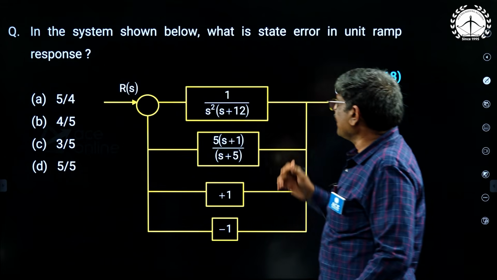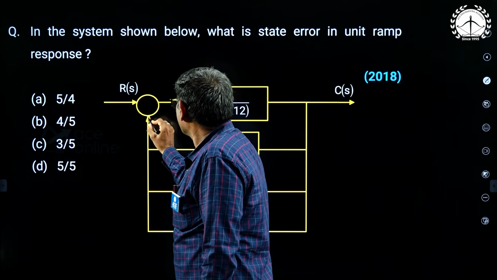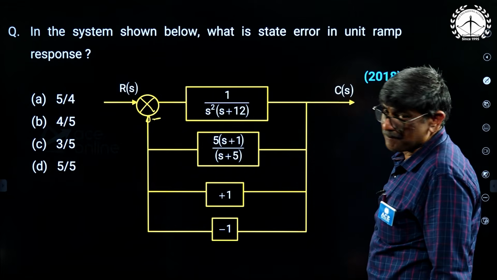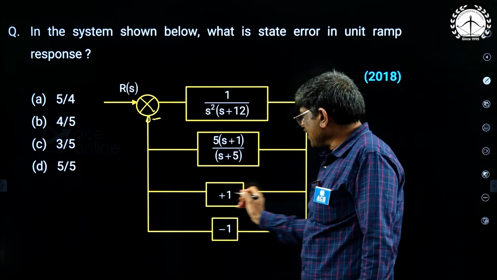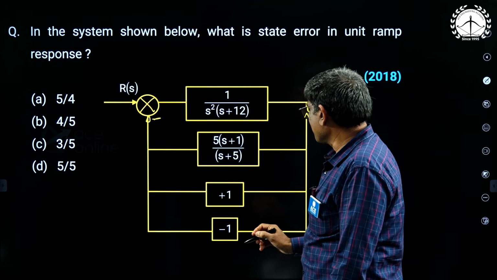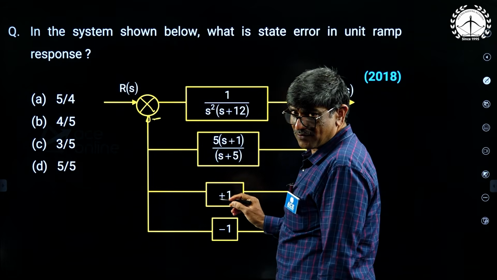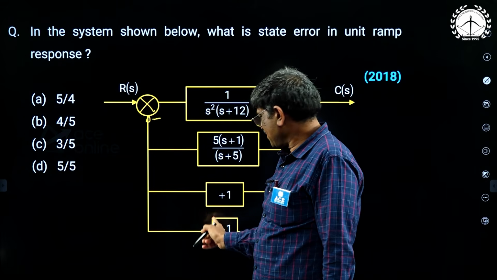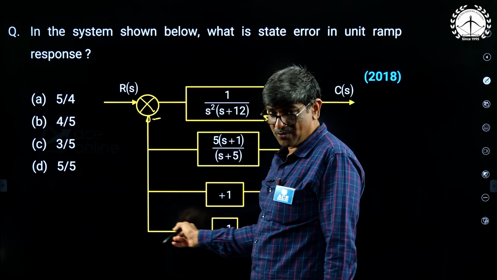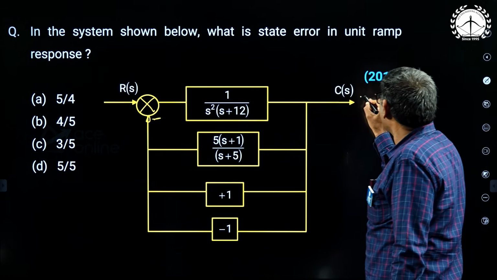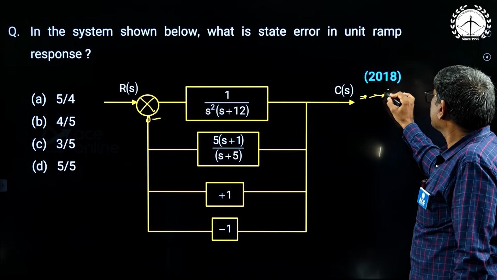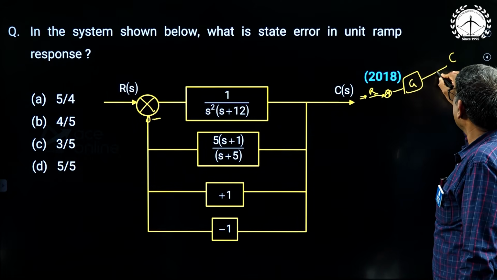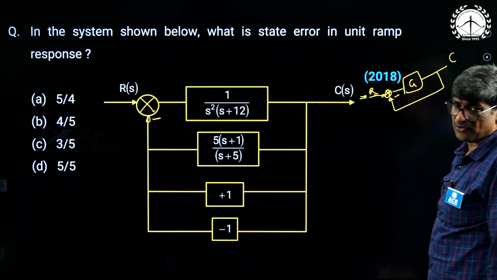Next, here negative feedback. They are asking for the steady state error for a unit ramp input. One is positive feedback, one is negative feedback. For steady state error we require the equivalent diagram, where the summing point R, G, C is left with unity negative feedback.